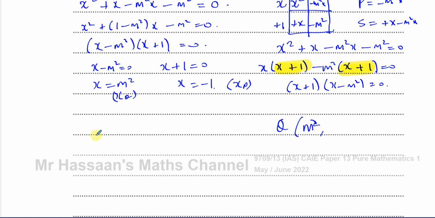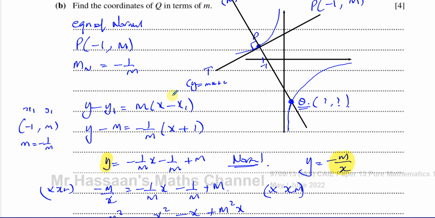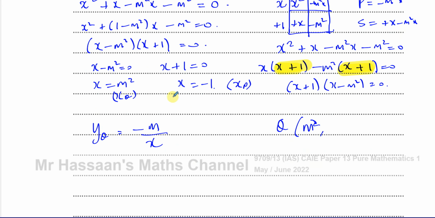And then to find the y coordinate of Q, we just use the equation of the curve, y = −m/x. Let's just make sure I didn't memorize that wrong. Minus m over x. So when x is equal to m², y_Q is going to be −m/m², which is −1/m.